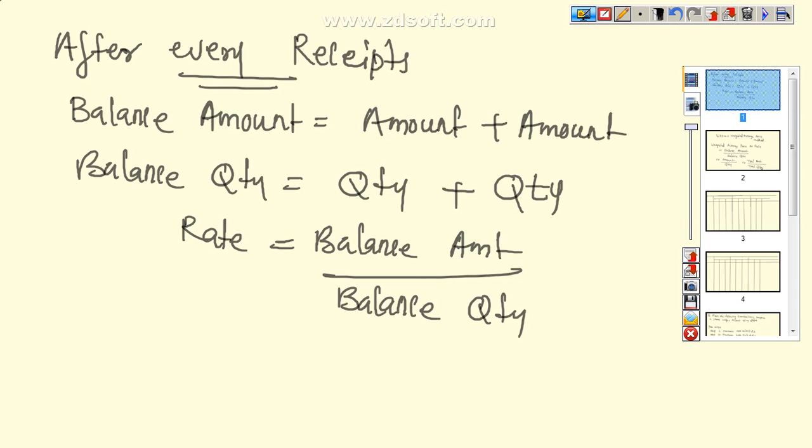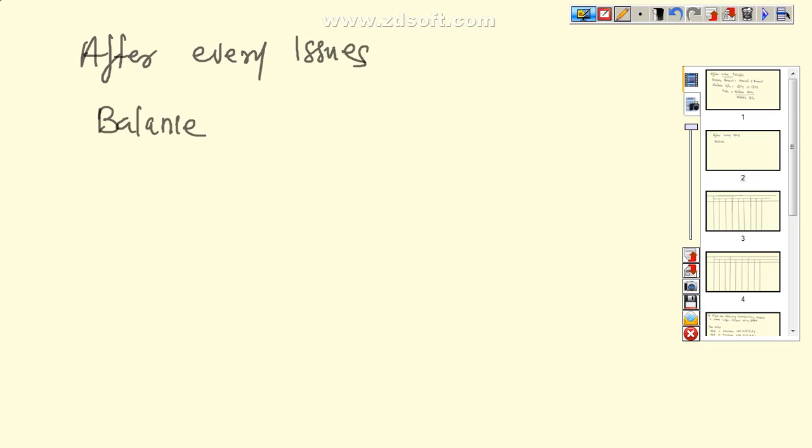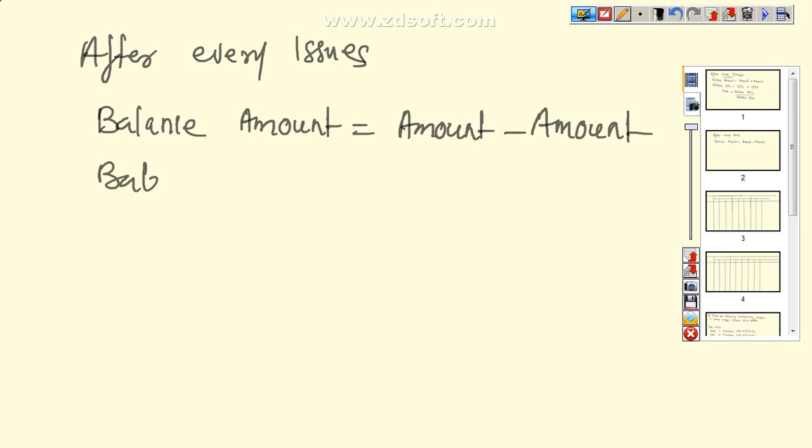Now after every issue, balance amount is equal to amount minus amount, and balance quantity is equal to quantity minus quantity.